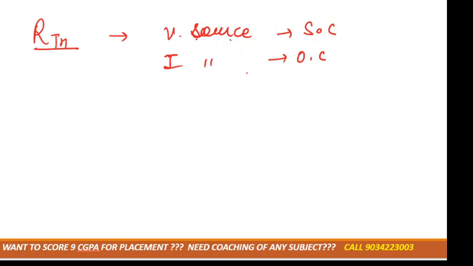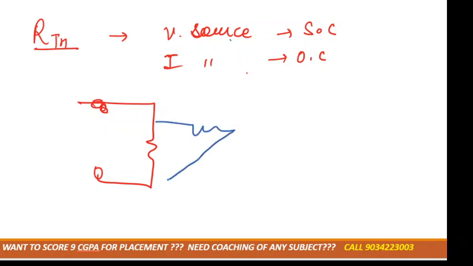In starting there is a current source, so that would be open circuited. Again the resistance, right? Then resistance, battery is short circuited. Again the resistance. A and B terminal are still open circuited. This is A terminal and this is B terminal, right? Any change in the diagram?